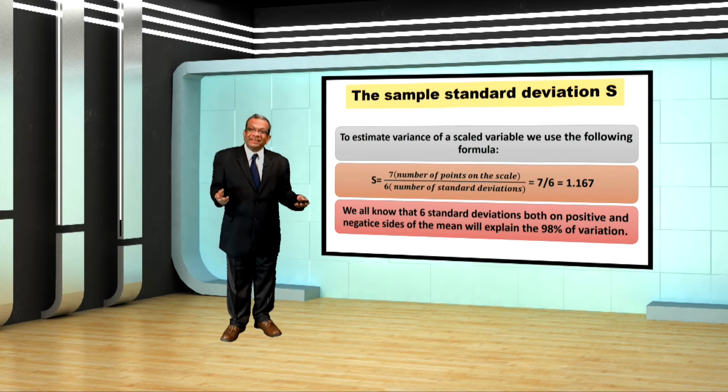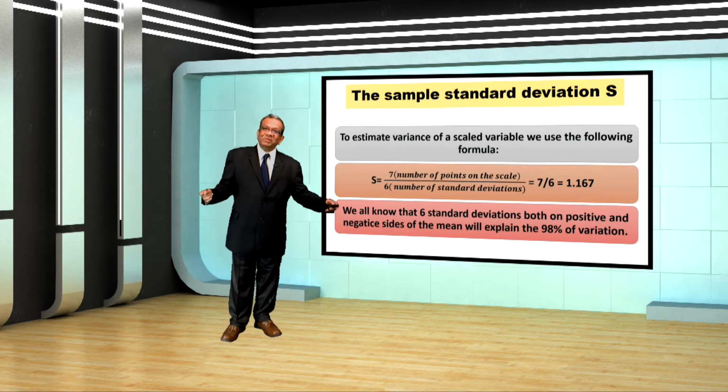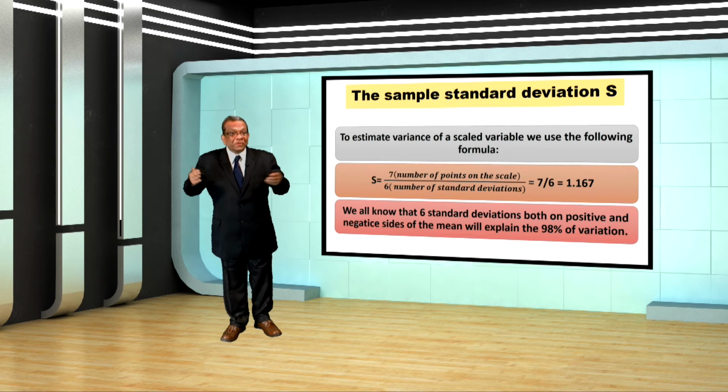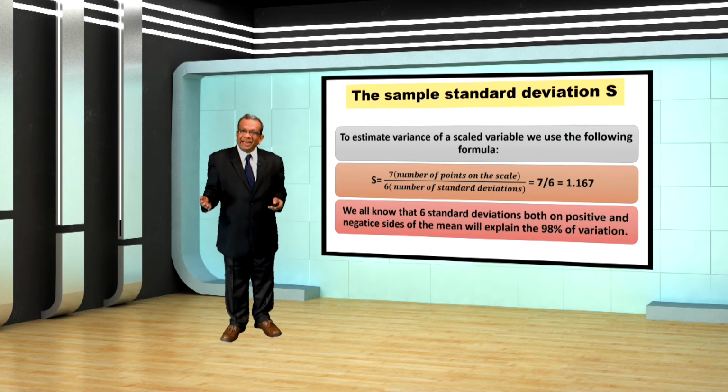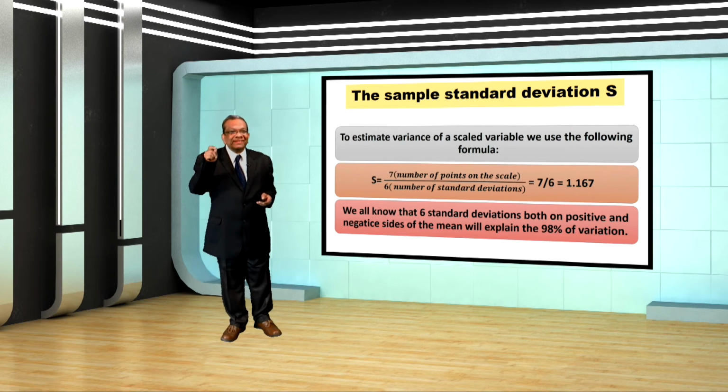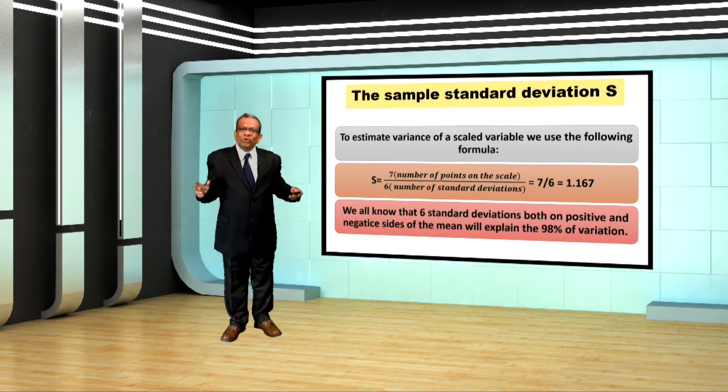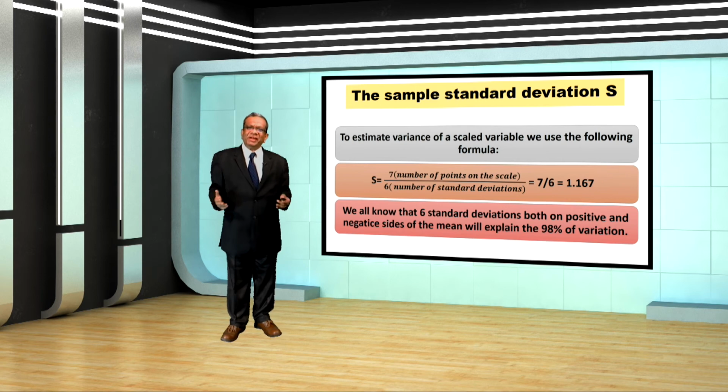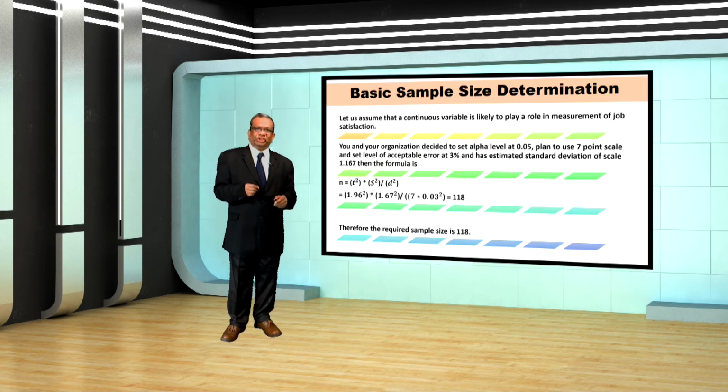You all know that 6 standard deviations will cover both sides of your mean, and you will get S is equal to 1.167. Now, you are able to explain 98% of the variation, and this is the sample standard deviation.